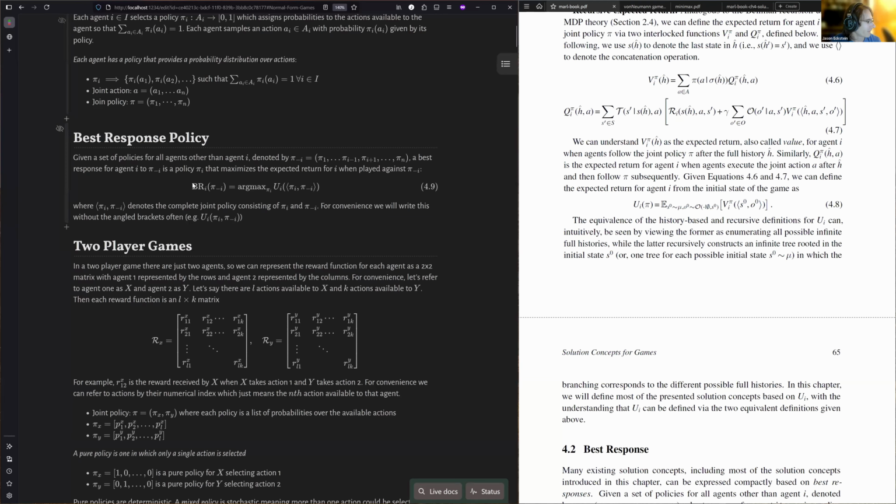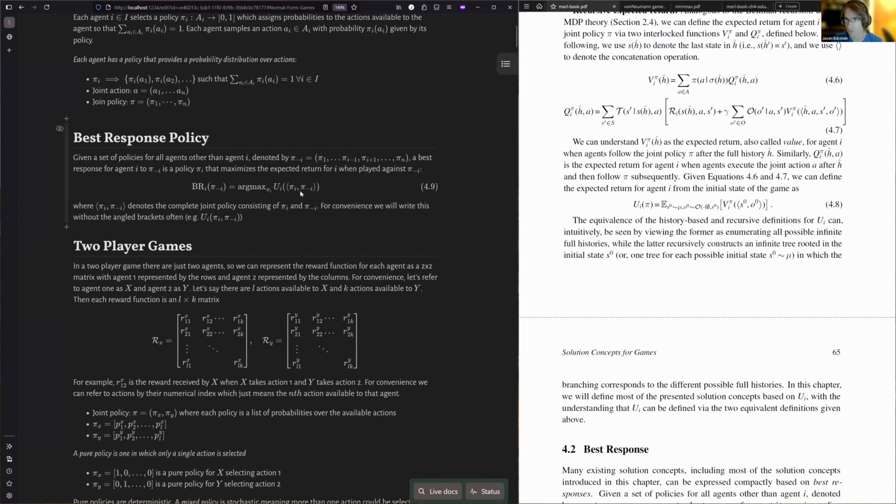Okay, but right now this doesn't really tell you anything about how to actually construct this. This is just about the concept that if all the other agents, if their behavior is already fixed in place, then we can look at that behavior and choose our policy that exploits that as best as possible. Okay, so in other words, it's just the best possible response we can make to the other agents' policies.